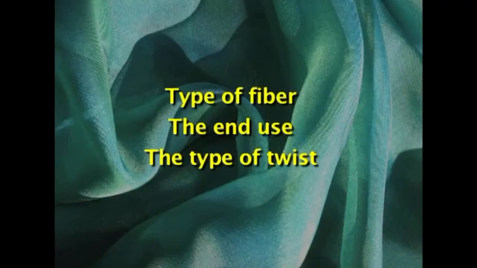What is the criterion for which yarn has to be given what type of twist? There are three factors on which it depends. One is the type of fiber that is present in the yarn, the end use that is required, and the type of twist that is required. If we take the yarn, as I told you, for napping purposes, it has to be a low twist.